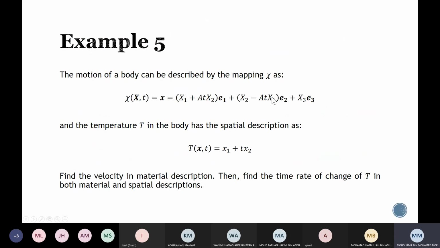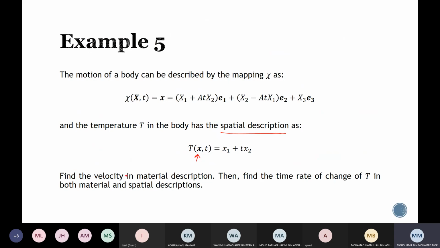So let's look at an example. The motion of a body can be described by this mapping, and the temperature in the body has the spatial description. So temperature in spatial description in small x, okay. So dia bukan dalam big X. So T of small x equals x1 plus t x2.